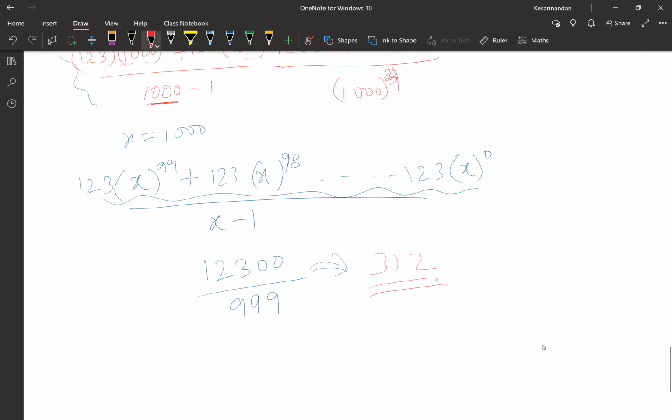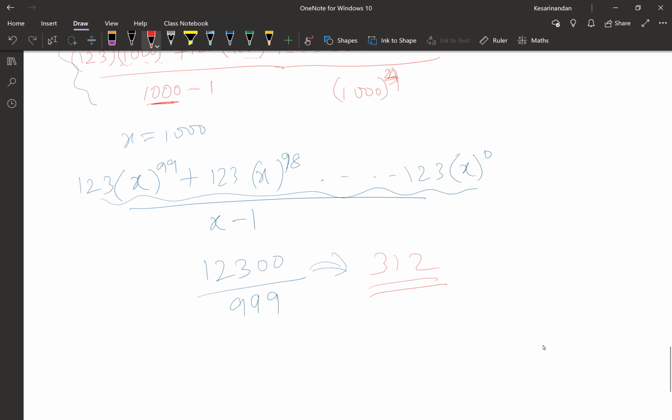Everybody getting this part? Anybody who did not get this part, please respond.